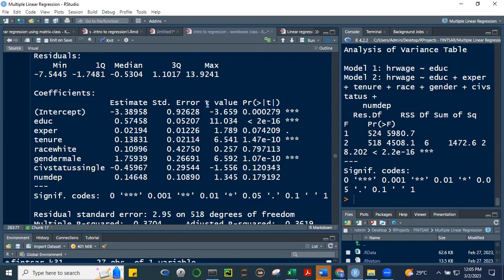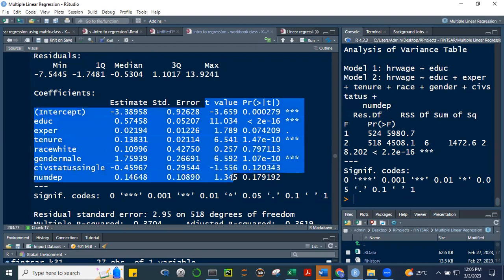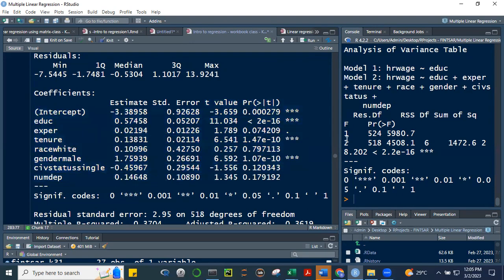Okay, ano yung basis natin? We look at the t-value. Ito yung magiging basis natin yung t. The lowest absolute value ng t, yun ang magiging leaving, L-E-A-V-I-N-G, yung aalisin natin. No? So, ang mga candidates natin dito, si experience, si race, si civil status, at saka si number of dependents. Sa stepwise regression, we only remove one at a time.